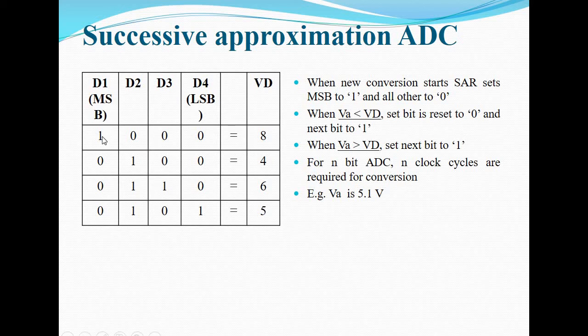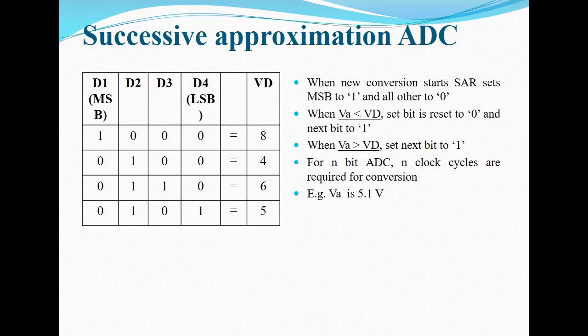So D1, which is the MSB, is set to 1, and D2, D3, D4 are 0. D4 is the LSB. The corresponding decimal value of 1000 is 8.